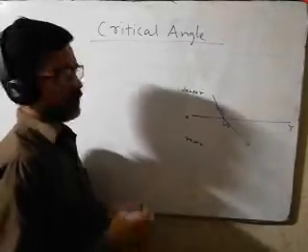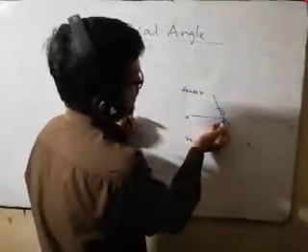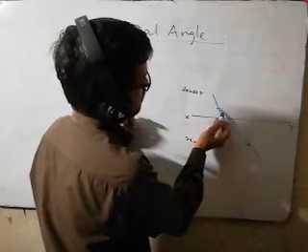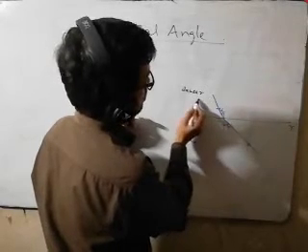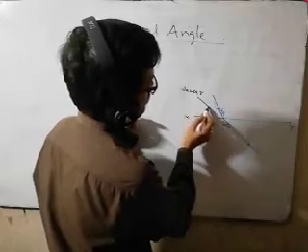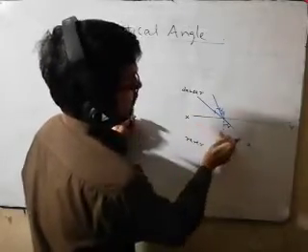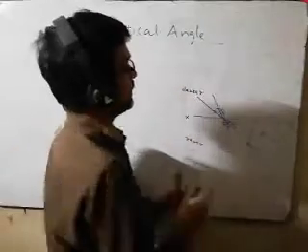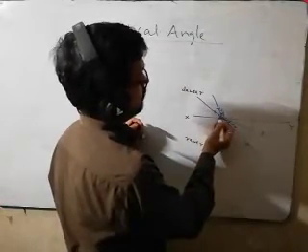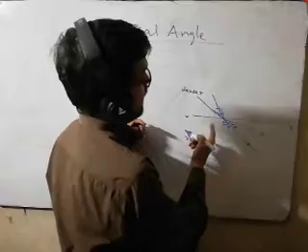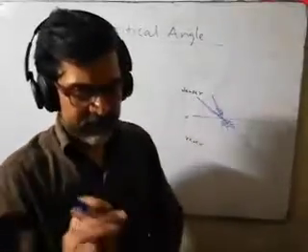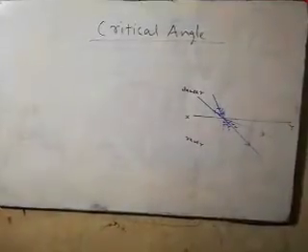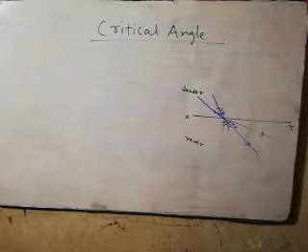Maybe from I1 to I2, then the angle of refraction will also correspondingly increase, from R1 to R2. If we keep increasing the angle of incidence, one time will come when the corresponding angle of refraction will be 90 degrees.